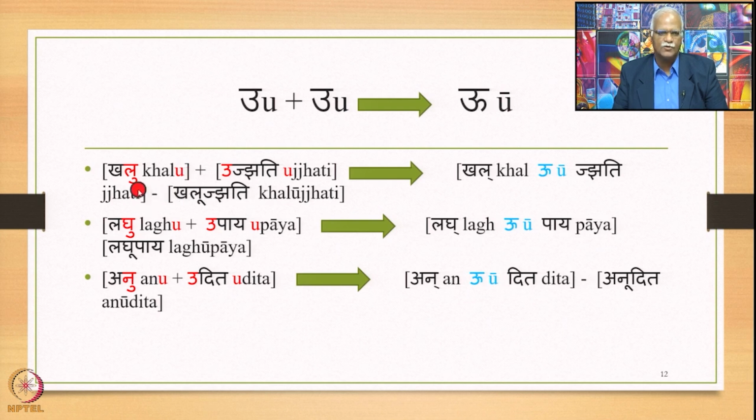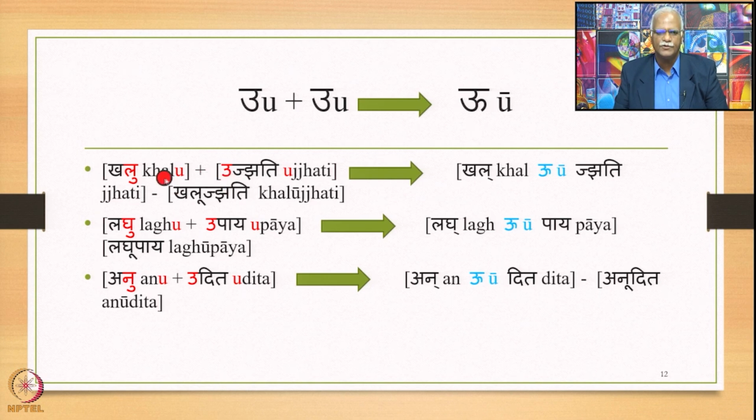So we have this short u at the end of this pada, followed by u at the beginning of the next pada. They are in close proximity in the samhita mode, and this u is savarna with reference to this short u. This is decided on the basis of the place of articulation as well as the effort of articulation, which is similar.